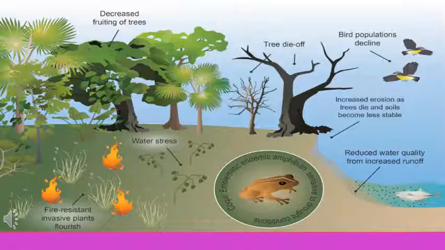As a result, the trees die off. When the trees die off, obviously plant populations will decline. Since there will be less water in the soil, there will be decreased fruiting of the trees. So this will reduce the biodiversity of animals as well, because animals will move to another place in search of food and shelter.